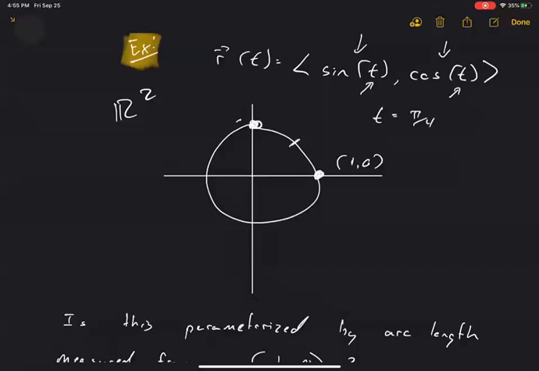Now, let's say q is the parameter for arc length. So we started there and we moved pi over 4 in terms of q. Well, I'd move the same distance, right? It's just the starting point is wrong. That's because the magnitude of r prime of t is equal to 1 in this case. So my changes in distance are correct, but maybe I have the wrong starting point.